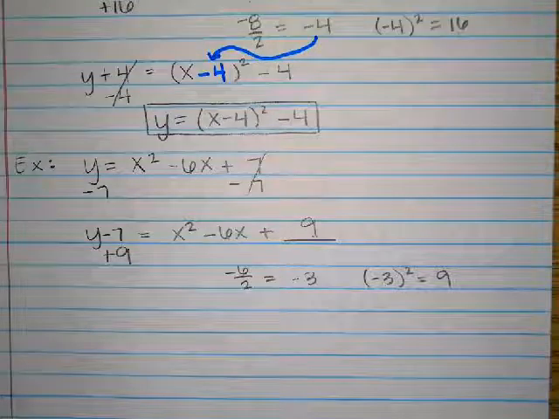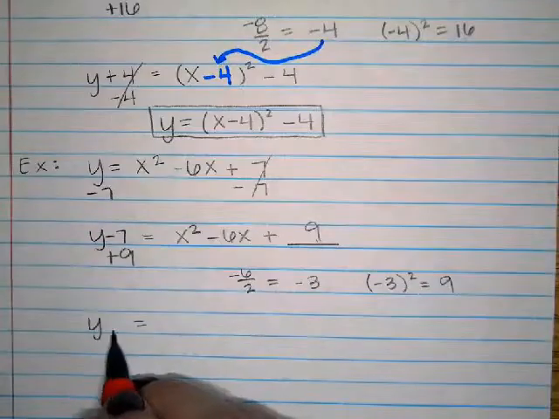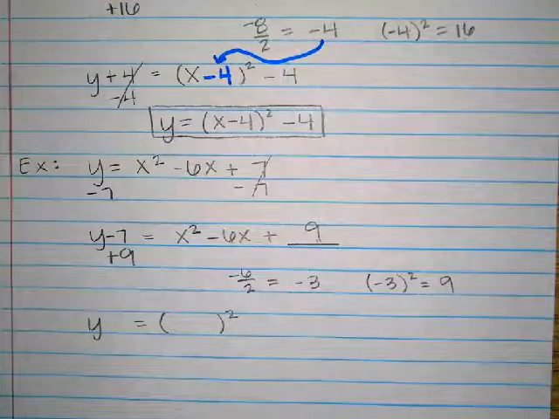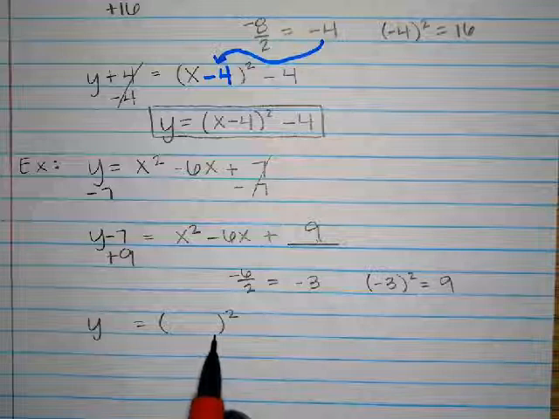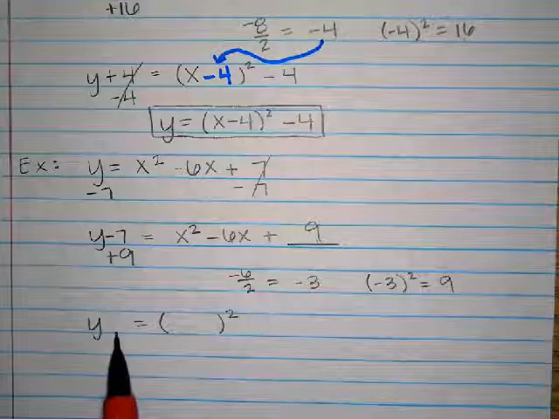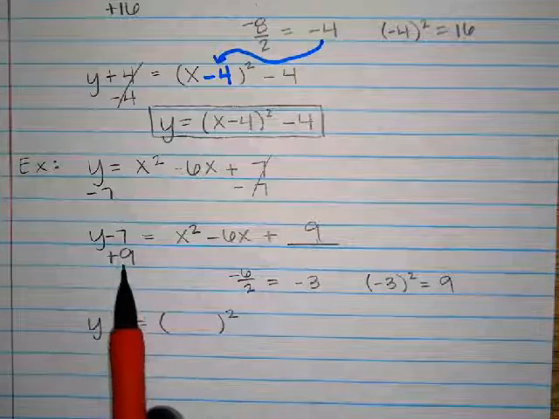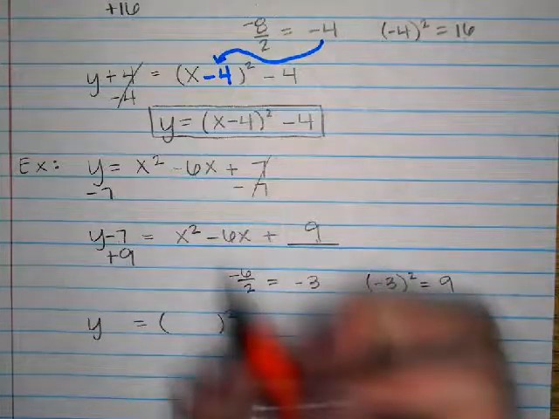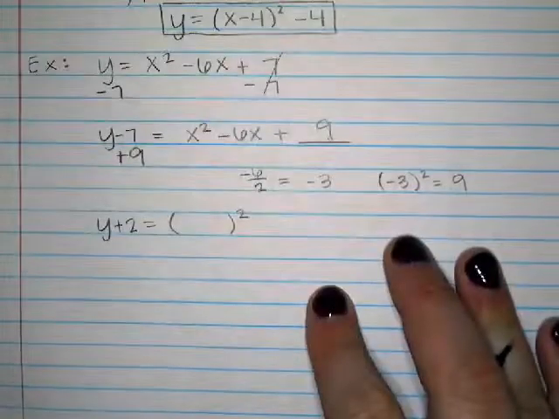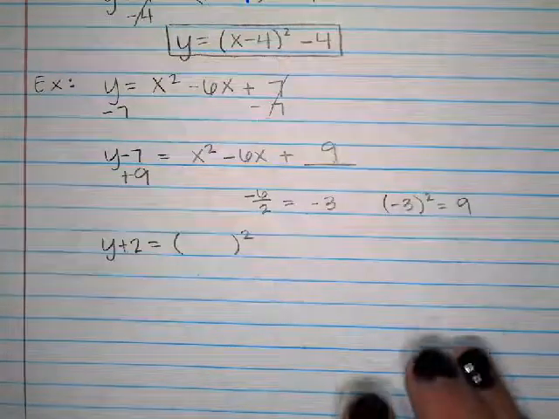So now we have a y, we have a number right next to the y, and we have a little set of parentheses. And that little set of parentheses is being squared. So what number is next to the y? A positive 2. Negative 7 and positive 9 makes a positive 2. Okay? And then what goes in the little parentheses squared?